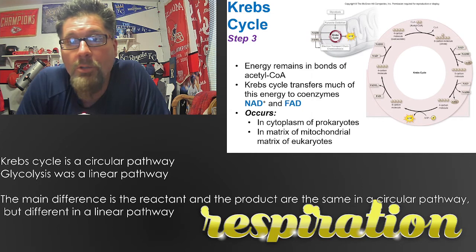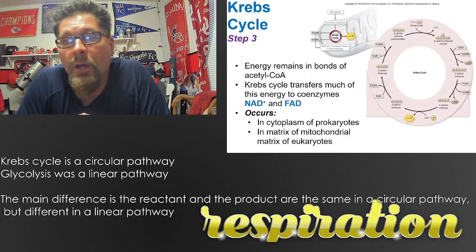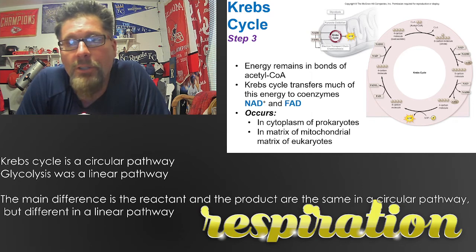One we're going to focus on, and we'll see this when we're talking about it, especially in class, is that the main difference in this case is that the reactants and the product are the same in a circular pathway, but are different in a linear pathway.